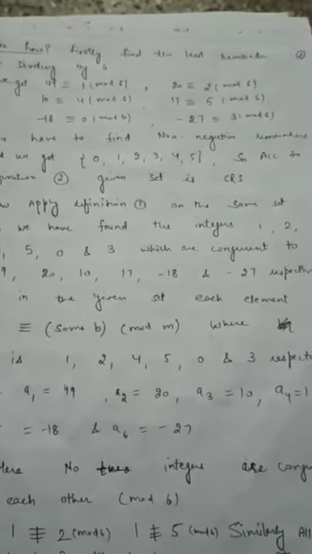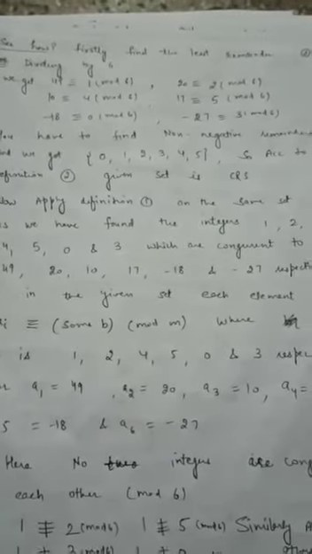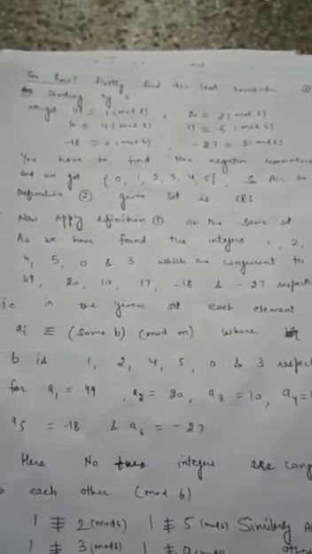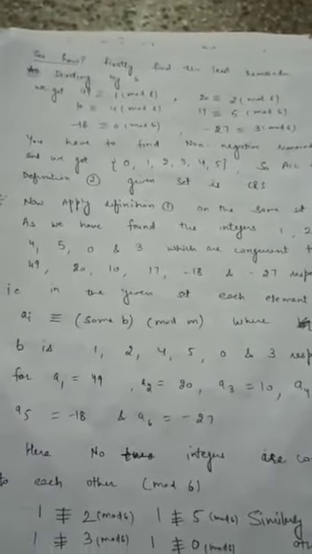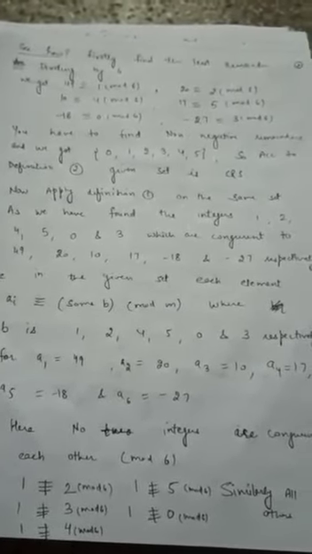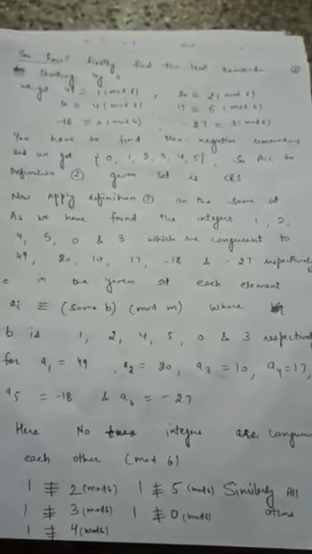So firstly 49 is divided by 6, it gives 1 remainder, that means 49 is congruent to 1 mod 6, 20 is congruent to 2 mod 6, 10 is congruent to 4 mod 6, 17 is congruent to 5 mod 6, minus 18 is congruent to 0 mod 6, and minus 27 is congruent to 3 mod 6. That means you have to find non-negative remainders. Clear? You have to find non-negative remainders, not negative remainders.